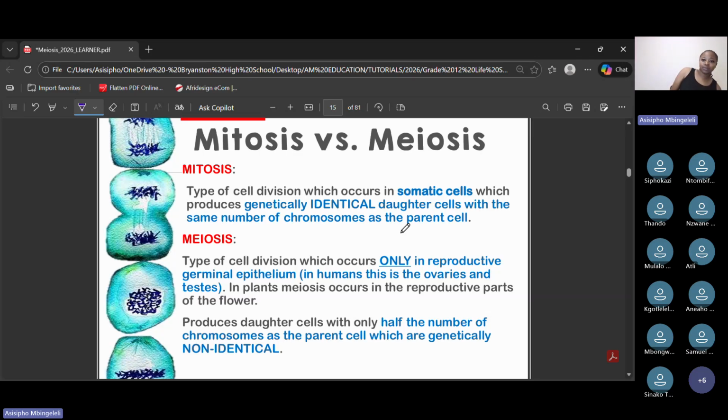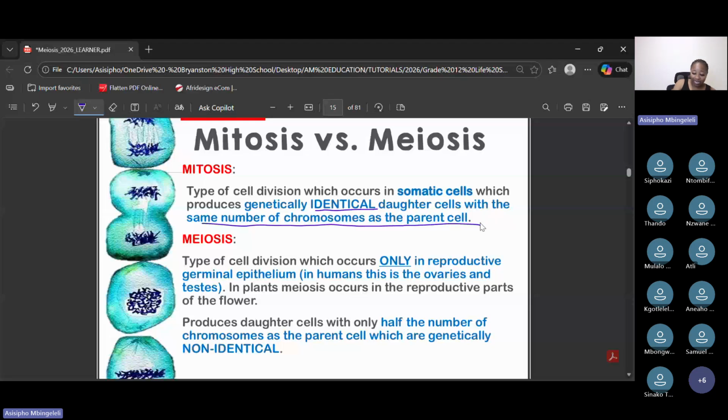If we remind ourselves, we would also note that the cells produced in mitosis are identical, and the cells produced in meiosis are non-identical. Now, the chromosome number remains the same in mitosis, and in meiosis it doesn't remain the same, it actually gets halved.